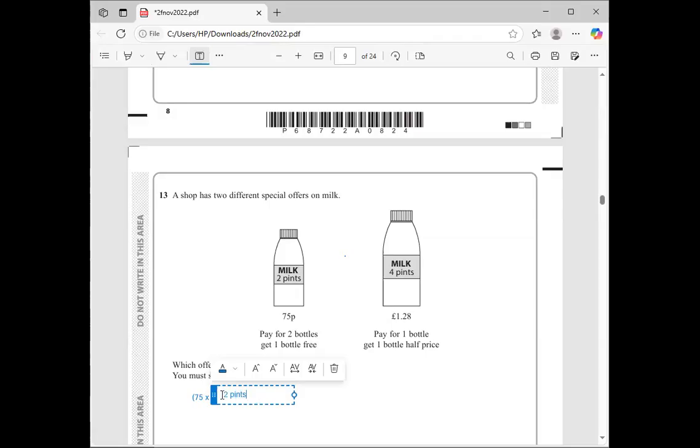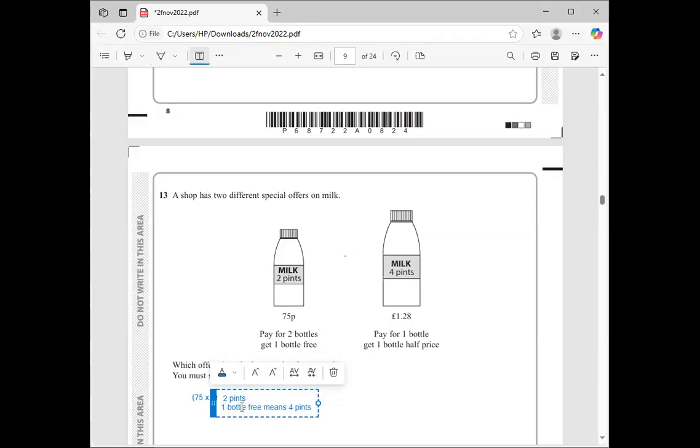One bottle free means one bottle will come with every purchase that you make of 2 bottles. So that's going to be 4 pints at the end of the day.